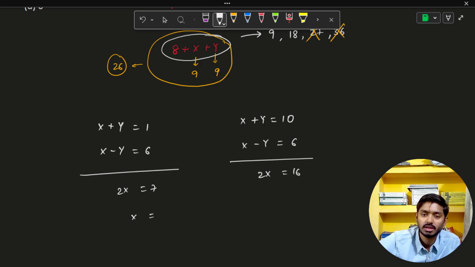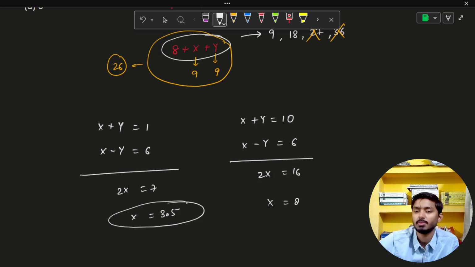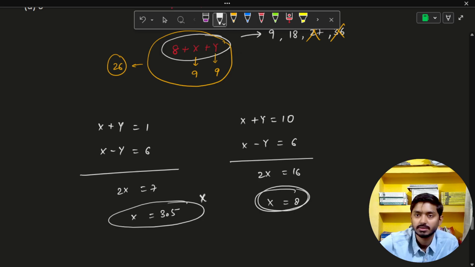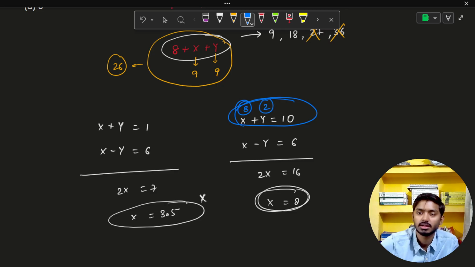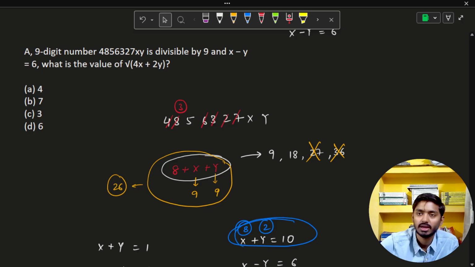Over here, the value for x is 3.5, and over here the value of x is 8. Obviously, a digit cannot be 3.5. This one is wrong. We'll get x to be 8. If x is 8, y becomes 2 automatically. X is 8 and y is 2.